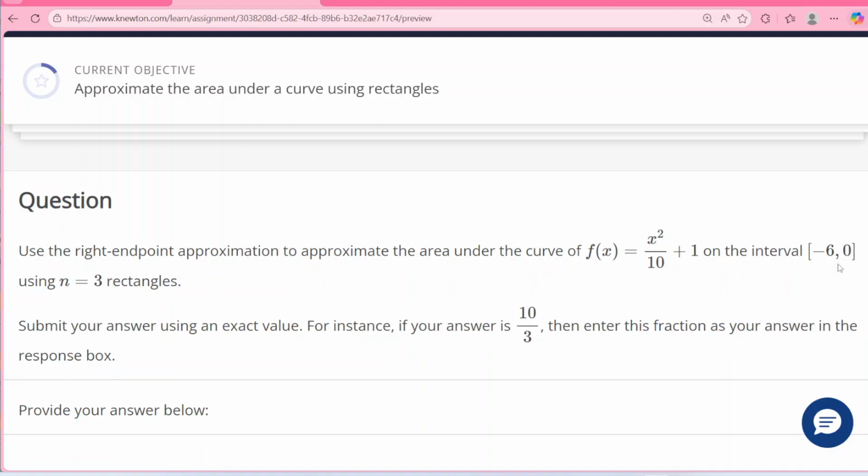The only ones that'll be tricky are upper sums and lower sums, where you have to figure out where the highest point over each piece is for upper sums, and where the lowest point over each piece is for the lower sums. But the right endpoints, left endpoints, midpoints are very easy to determine by comparison.